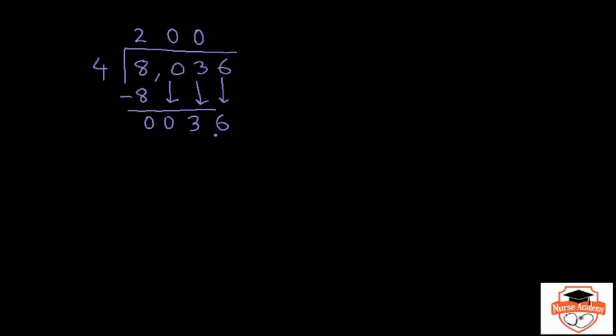And ask yourself, can 4 divide 36? Yes, it can. 4 times 9 is 36. So finally, after a whole bunch of zeros, we got a digit. So subtract, you get a 0. There's nothing to bring down. End of the problem. So we could say 8,036 divided by 4 is 2,009.